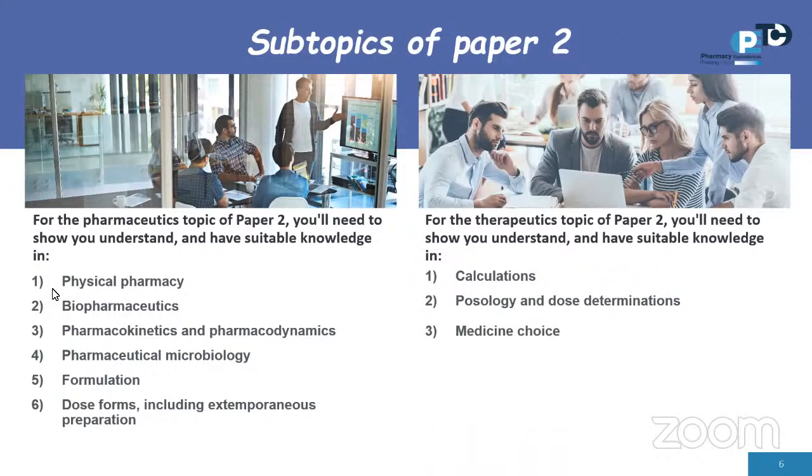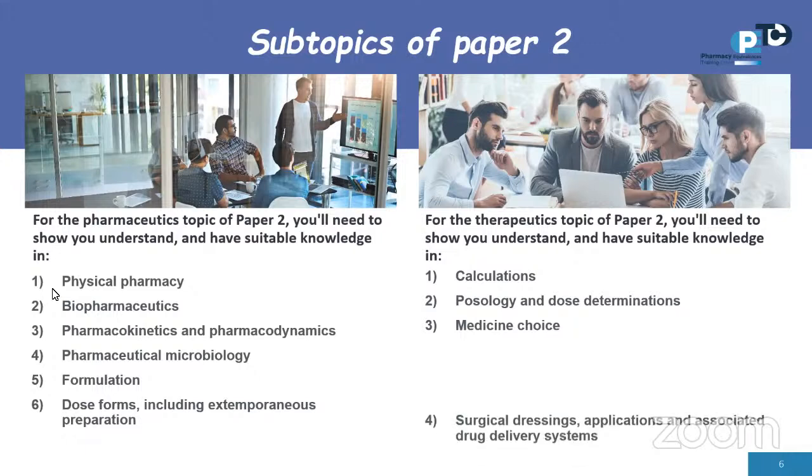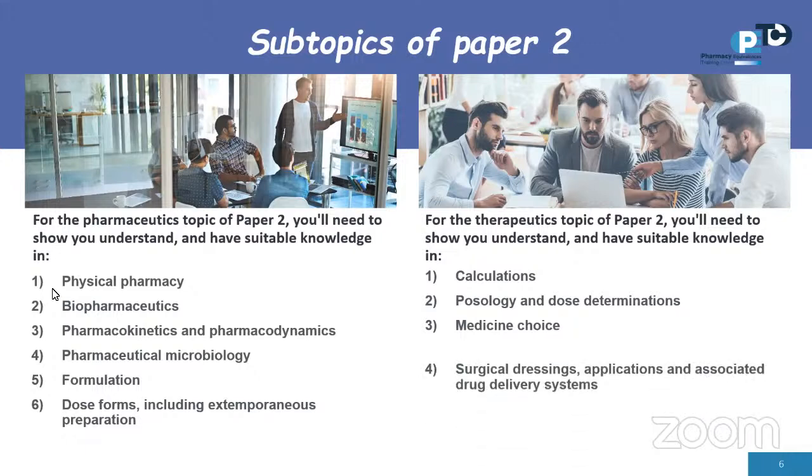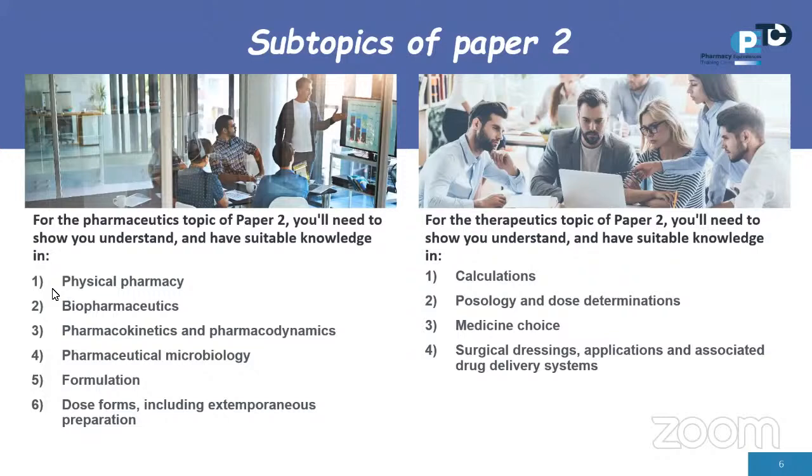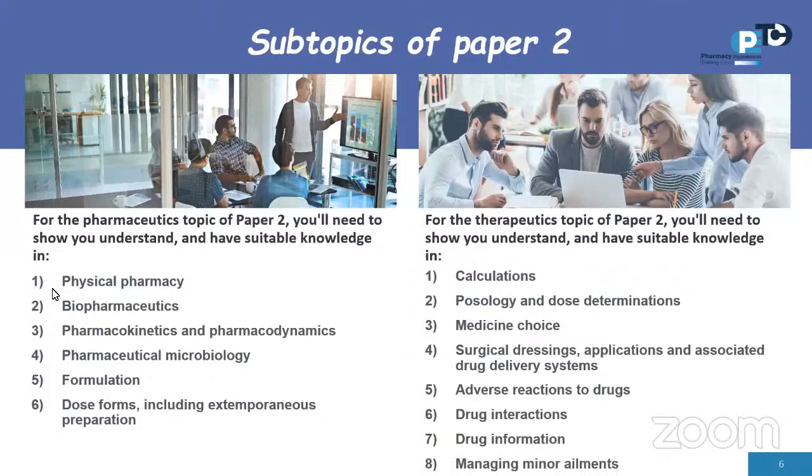Medicine choice: how can you choose the best drug for a specific situation or specific case? Surgical dressing, applications and associated drug delivery systems. Adverse reactions to drugs, drug interactions, also drug information, and finally, the managing of minor ailments, which means the OTC or over-the-counter products.